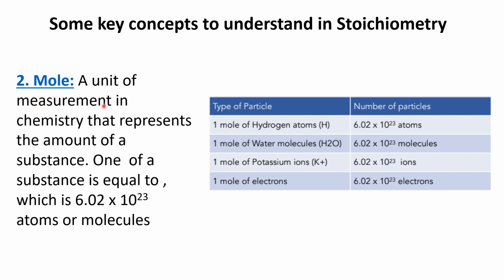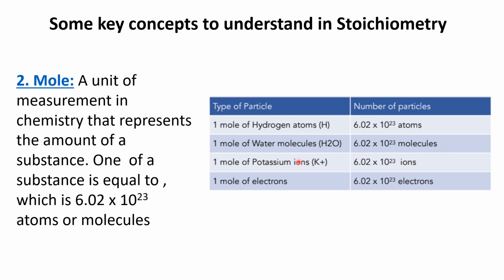Basically, the mole is a unit of measurement in chemistry that represents the amount of a substance. 1 mole is always equal to 6.02 multiplied by 10 to the power 23. Here we can see some examples: 1 mole of hydrogen atoms is equal to 6.02 multiplied by 10 to the power 23 atoms of hydrogen. 1 mole of water is equal to 6.02 multiplied by 10 to the power 23 molecules of water.